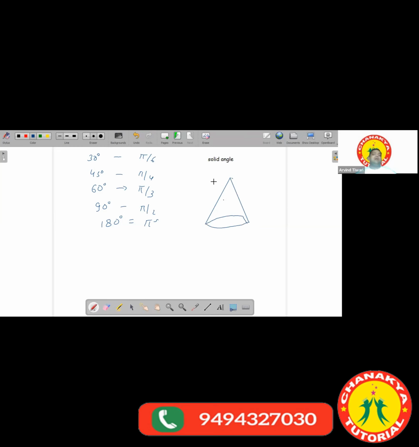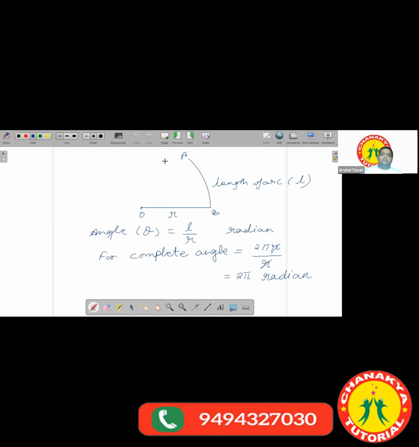If in reality you have a cone, you will observe that it is a three-dimensional angle. The same way as we defined for the plane angle, it is given by the length of arc divided by radius.